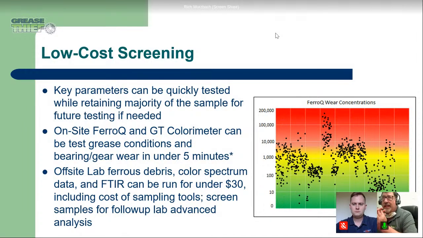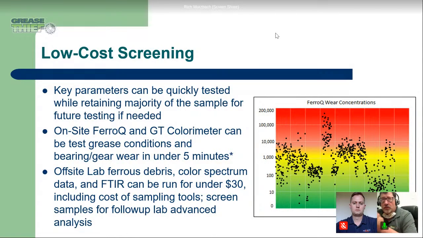And if we can accurately and reliably measure that, regardless of how big the particles are or how evenly distributed they are in the grease sample that we take, then this becomes a value that we can screen reliably and say, this is normal, this is expected, or here is a bearing that needs a second look. Here's a bearing that has a higher than expected wear rate, and we can define exactly what's going on by some follow-up testing. So this low-cost screening is using this device, the FerroQ.